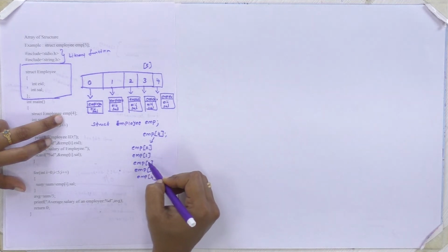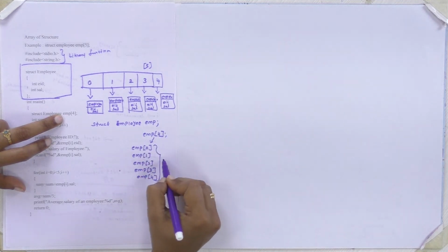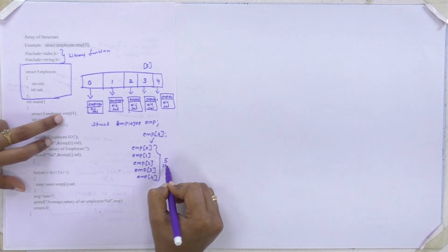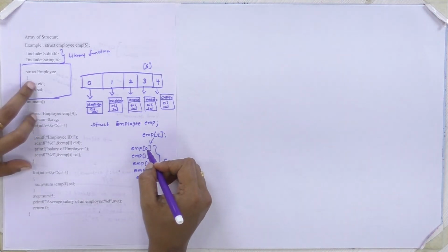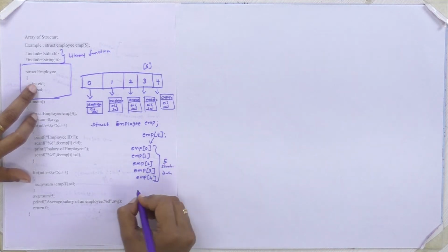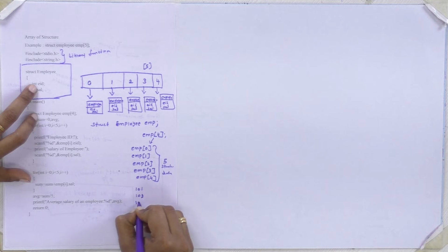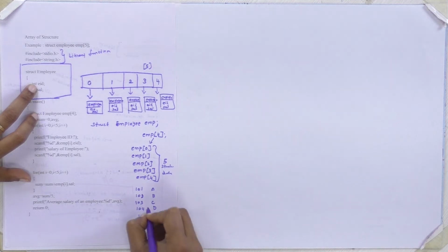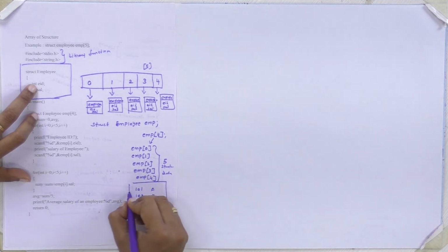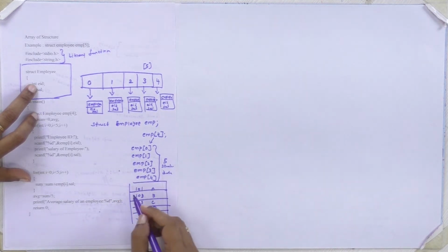It starts from 0, 1, 2, 3, 4 and will store 5 structure data. For example, it will store 5 employee data: employee IDs 1, 2, 3, 4, 5 and names A, B, C, D, E.